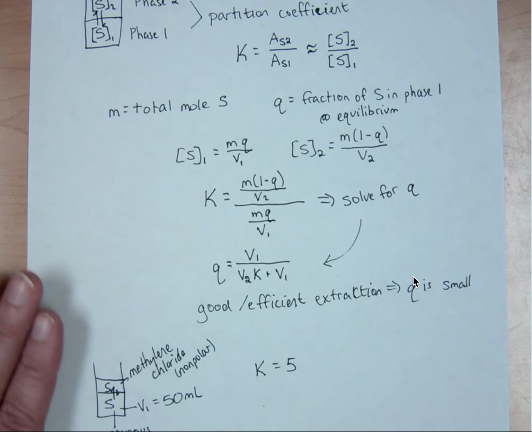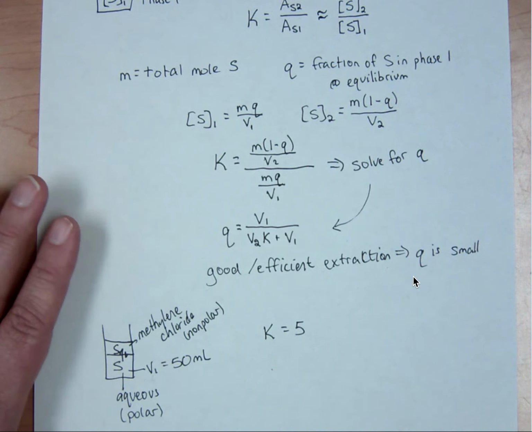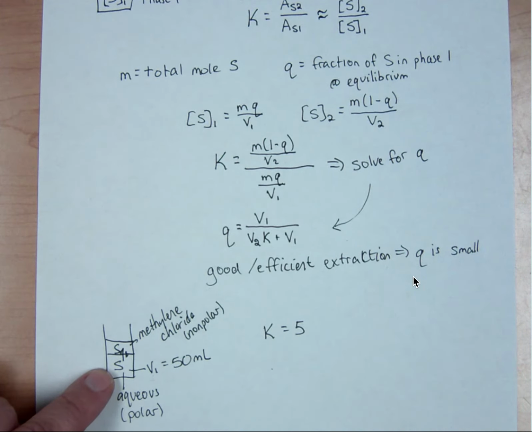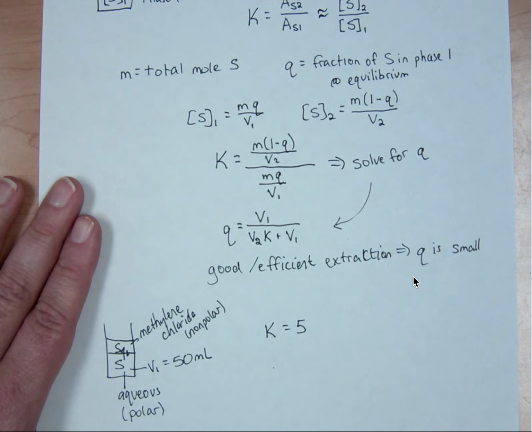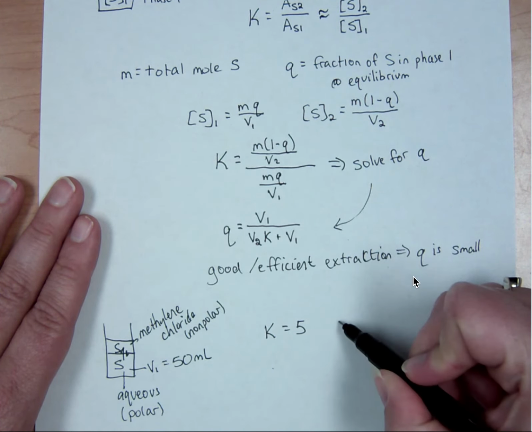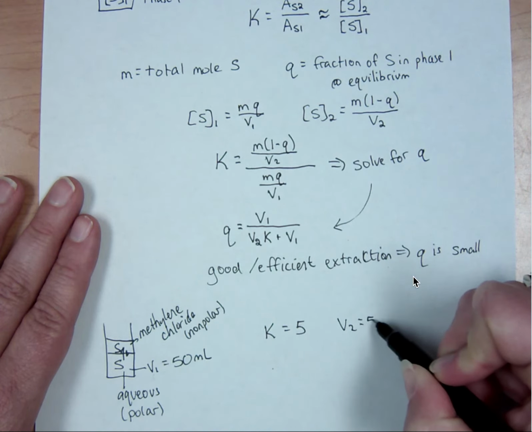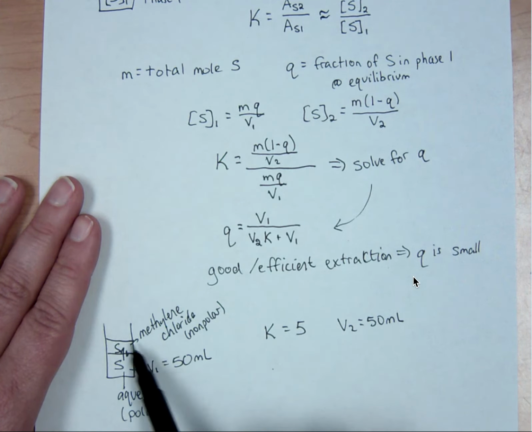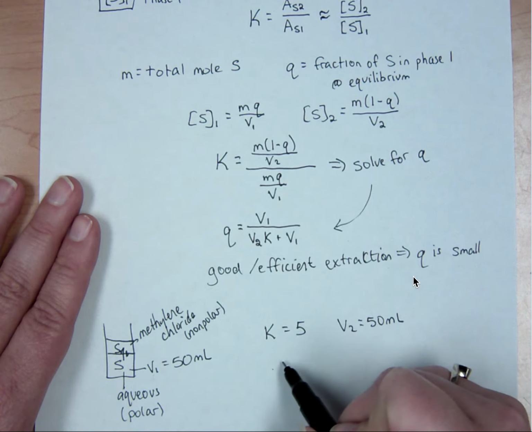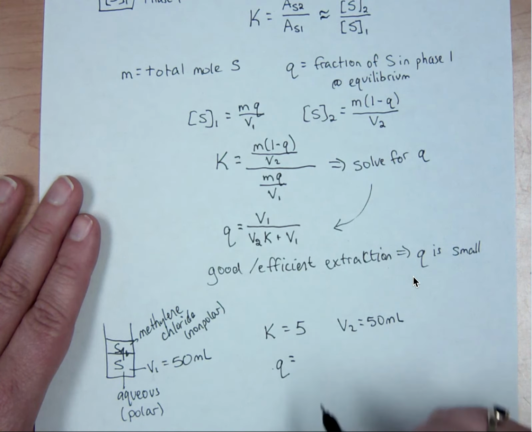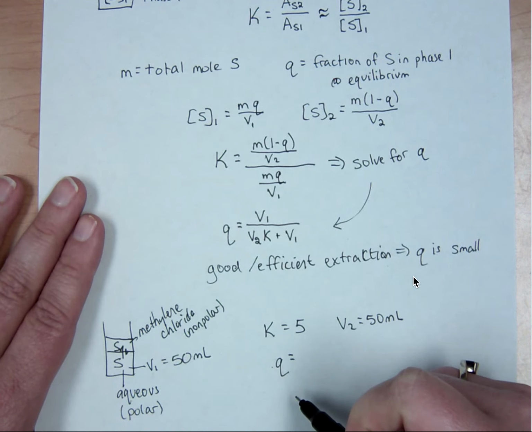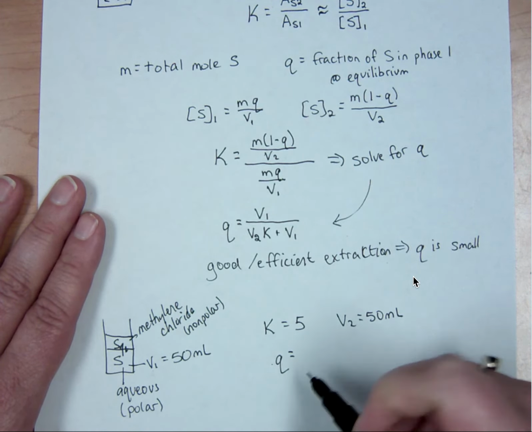All right, so now we want to calculate the fraction of S that remains in the aqueous solution, or phase 1, after a single extraction using a volume of methylene chloride of 50 mL. To get our fraction remaining, we're going to use our equation for Q, the fraction remaining in S1.